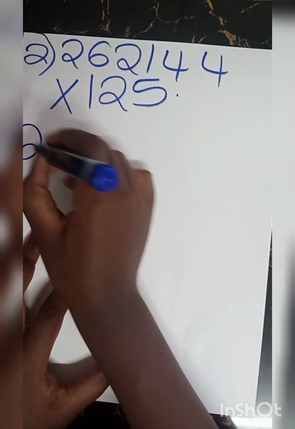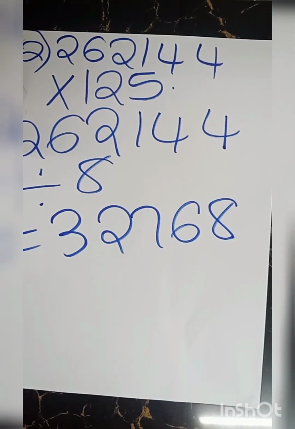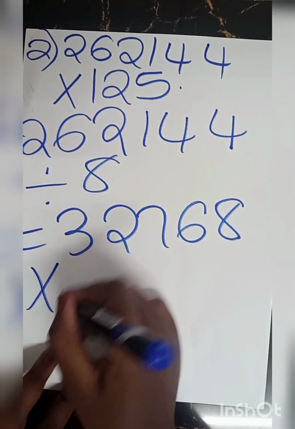What do you do when you're asked to multiply this? Okay? So, same thing here, same concept. So the first thing you need to do is to divide this number by 8. Okay? So let's do that. When you divide by 8, you get a number like this. And because we are doing 125, that means that you'll multiply this number by 1,000. And why are we doing this?